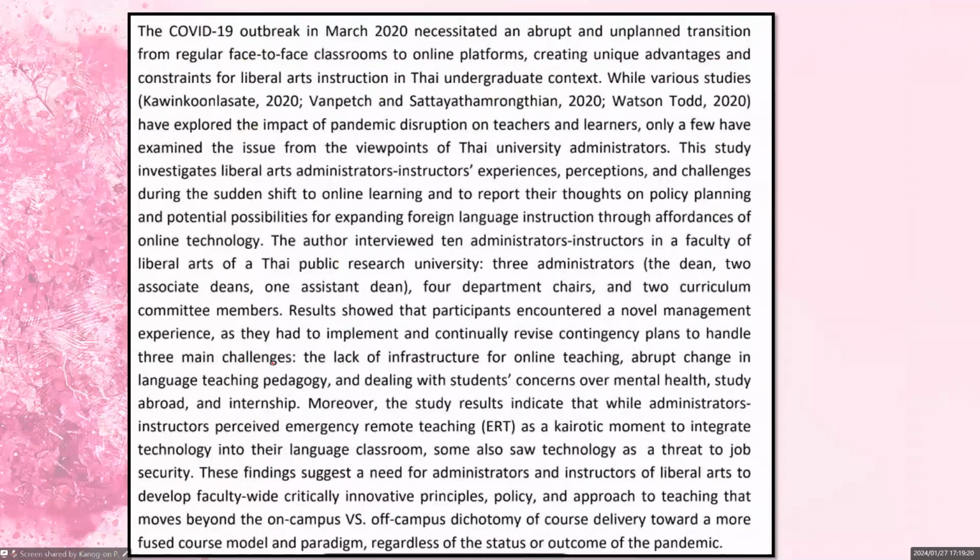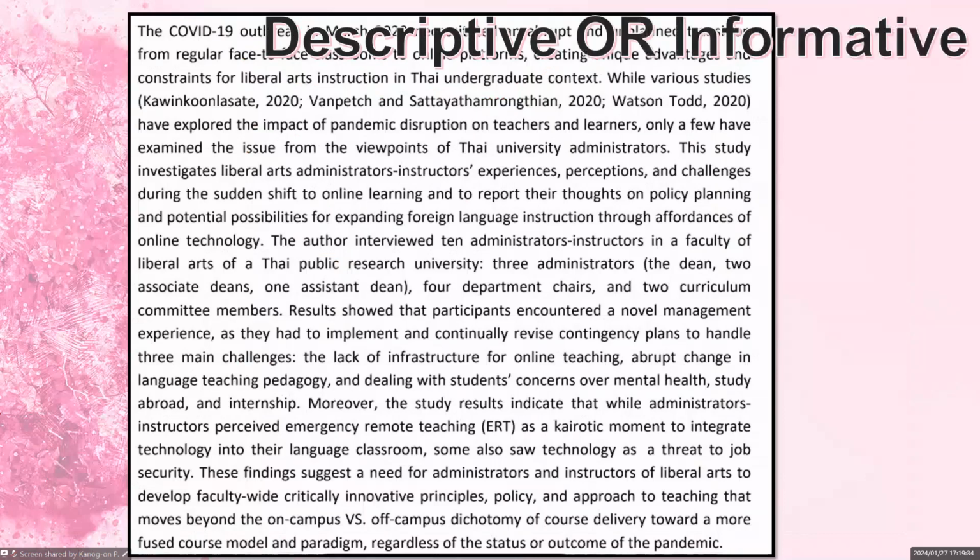Next part. So here we go. It's a very long paragraph. Can you guess, is it descriptive or informative?